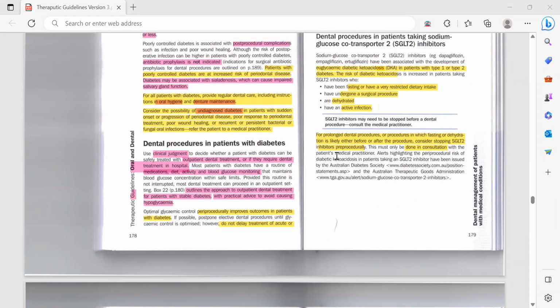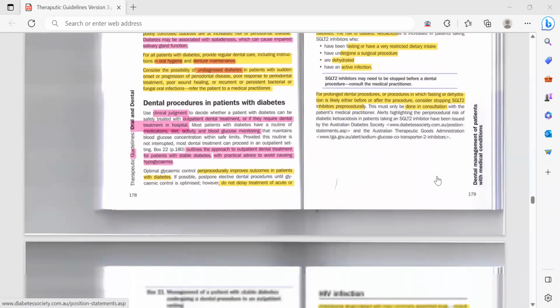You need to consult their medical practitioner, which is their GP. Alerts highlighting the periprocedural risk of diabetic ketoacidosis in patients taking SGLT2 inhibitors have been issued by the Australian Dental Association, and this is a link that you can go through and read in more detail.